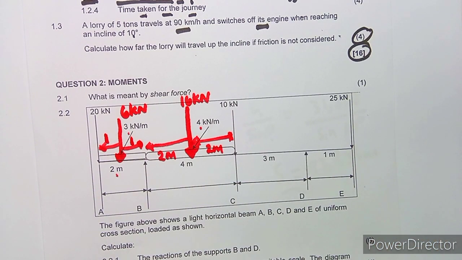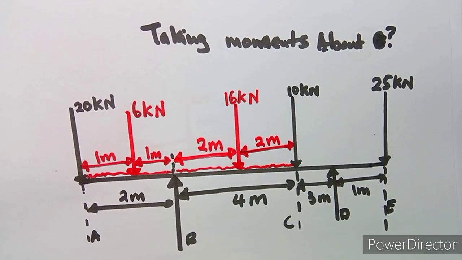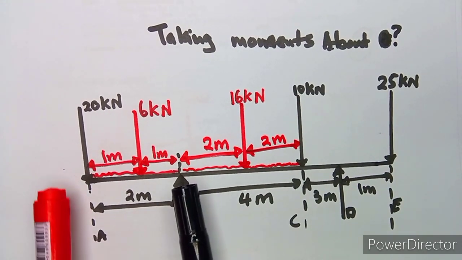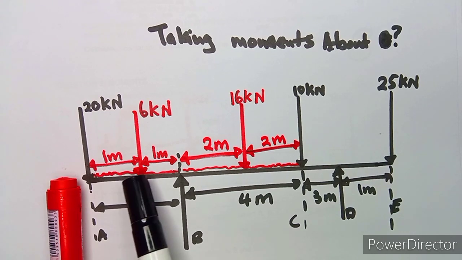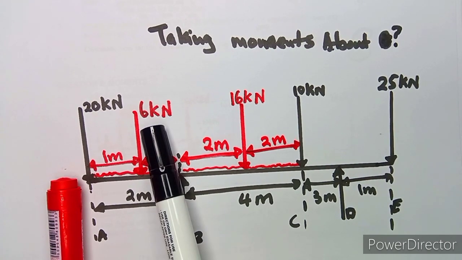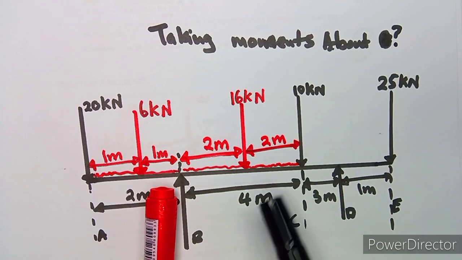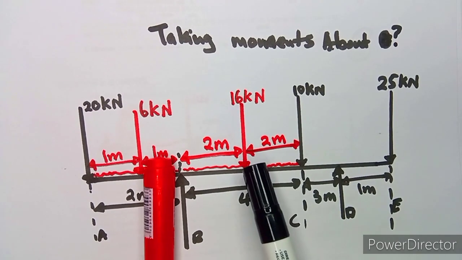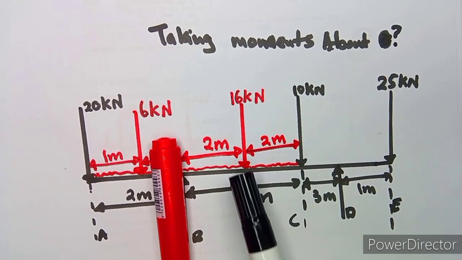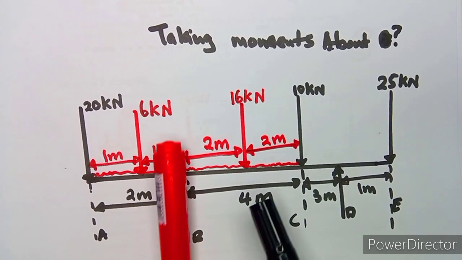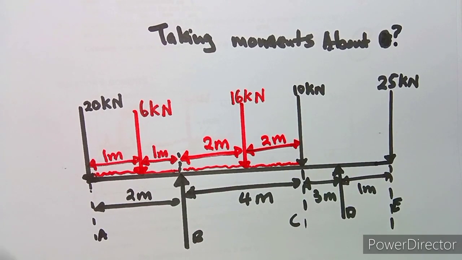So this is what it's supposed to look like, guys: we've got 2 meters, so we separated it into 1 meter and 1 meter, at 3 kilonewton per meter, so you multiply 3 times 2, which is 6. The same with 4 times 4, which is 16 kilonewton, but now acting at the middle of the 4 meters, so you divide by 2, which is 2 and 2. Just an idea to help you.